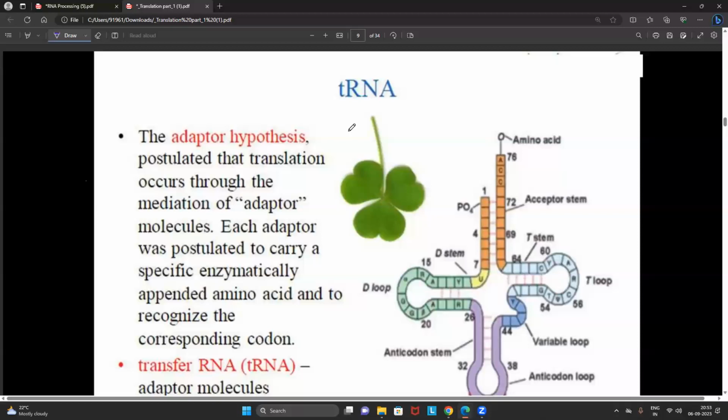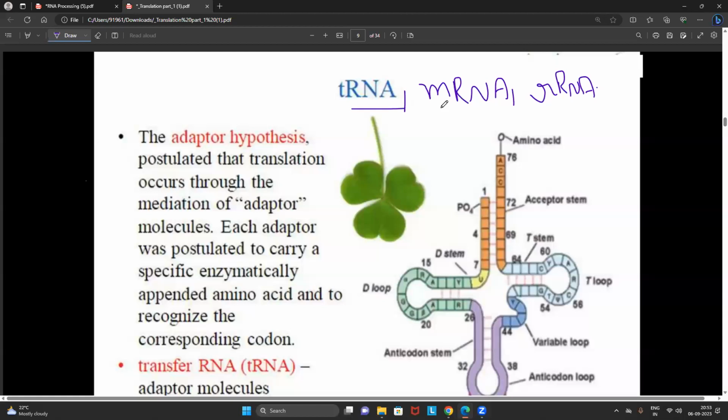Okay, now listen. Just now we all discussed very clearly that if the process of protein synthesis wants to occur, we require tRNA, mRNA, and rRNA compulsorily. Without tRNA, mRNA, rRNA, protein synthesis cannot occur.